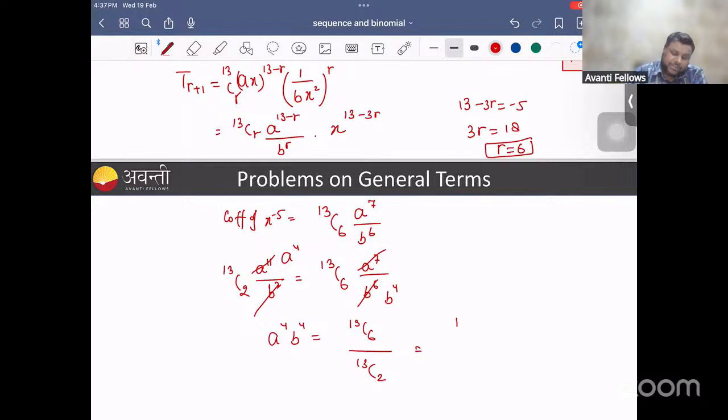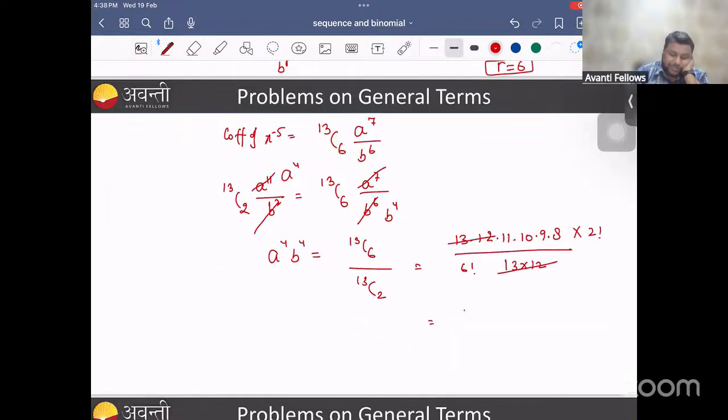So 13 into 12 into 11 into 10 into 9 into 8 upon 6 factorial. Here it is 13 into 12, upside goes 2 factorial. So 13 and 12 cancel. You are left with 11 into 10 into 9 into 8 into 2 divided by 6 into 5 into 4 into 3 into 2 into 1.